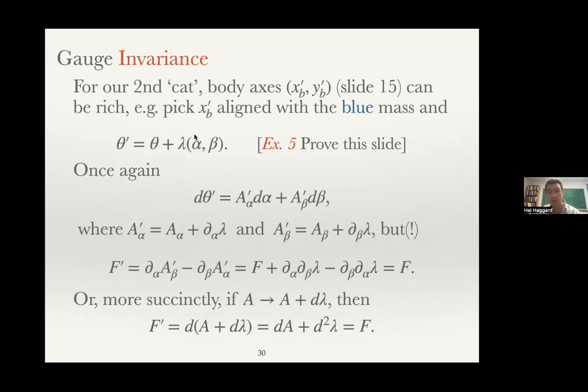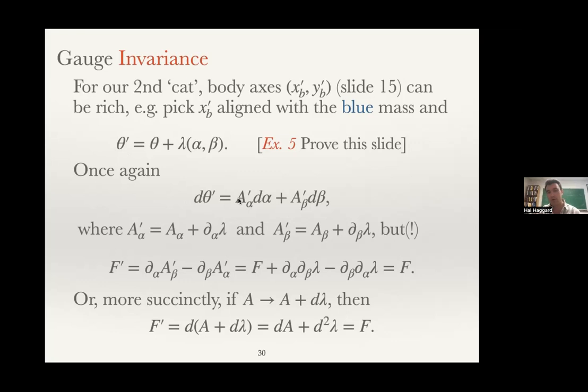To relate them, you need to use both alpha and beta. So I'm calling the thing that does that relation lambda. It's a function of alpha and beta that gives the relationship between this different gauge choice. But just as before, we can calculate the gauge potential for theta prime. So it'll be some new gauge potential.